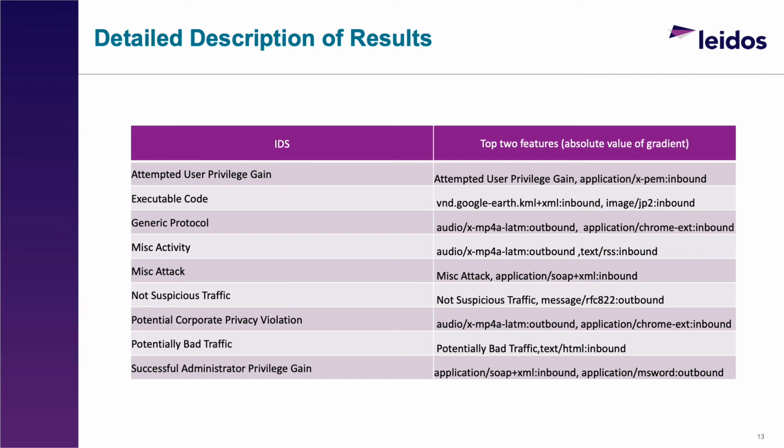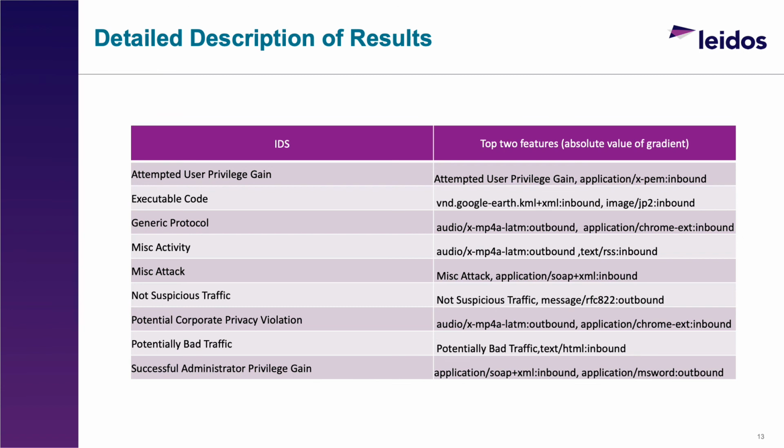For example, for potential corporate privacy violation, the most important features were outbound audio files and inbound Chrome extensions. That tells me that maybe this corporation wanted to restrict sending out audio files, and some Chrome extensions were not allowed by the security team.